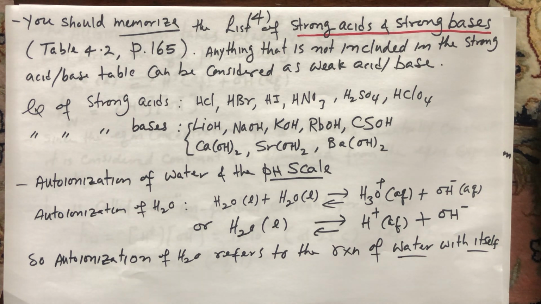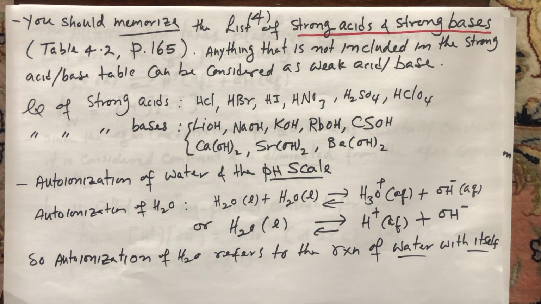So the examples of strong acids, taken from that table, are HCl, HBr, HI, HNO3, H2SO4, HClO4. And the examples of strong bases are LiOH, NaOH, KOH, RbOH, CsOH, calcium hydroxide, strontium hydroxide, and barium hydroxide.